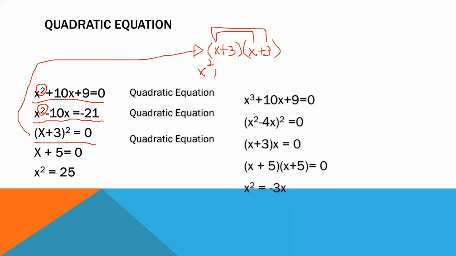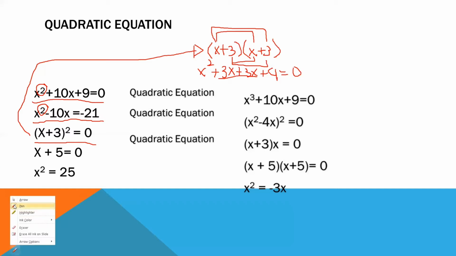Then multiply natin tong x times 3, is equal to positive 3x. Then, yung inner natin na 3 times x is equal to positive 3x. And then, yung 3 times 3 natin is equal to positive 9. Then, it is equal to 0. Since there is a similar term or pareha siya ng term which is yung 3x, ang gagawin natin ay i-combine natin.